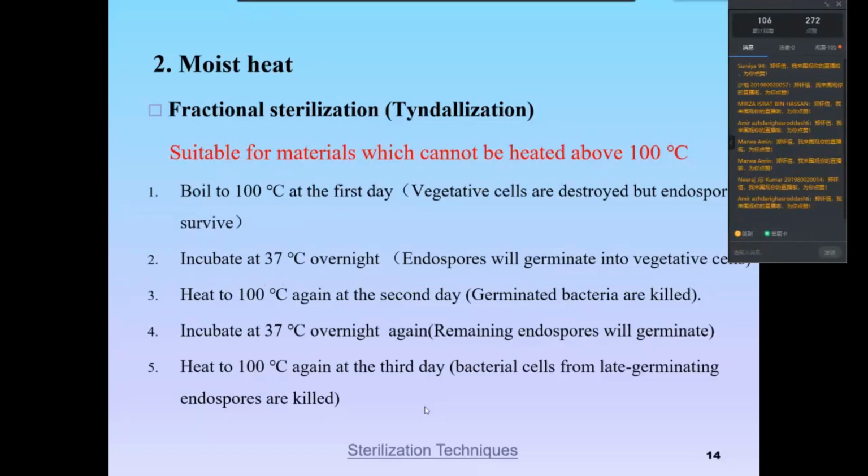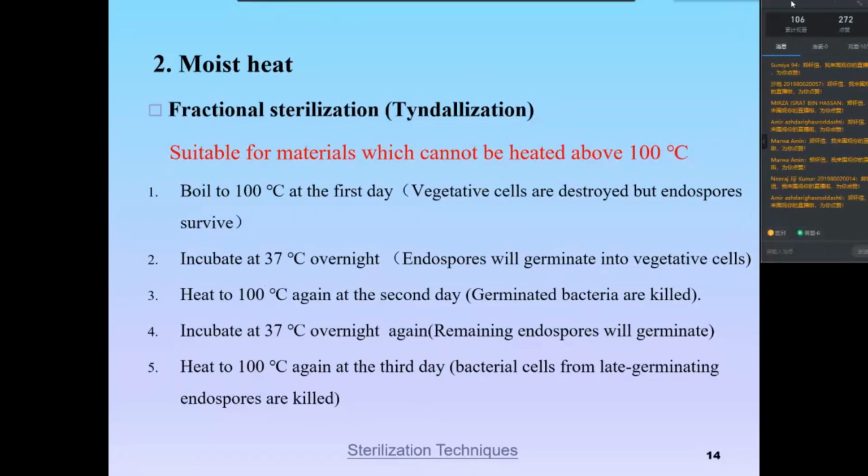Okay, another method for moist heat is called fractional sterilization. Fractional sterilization is a long procedure. You can use different techniques.